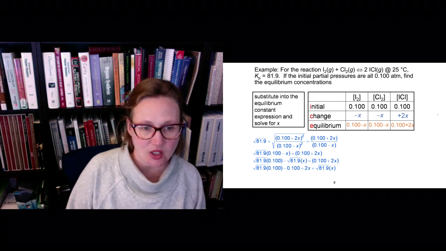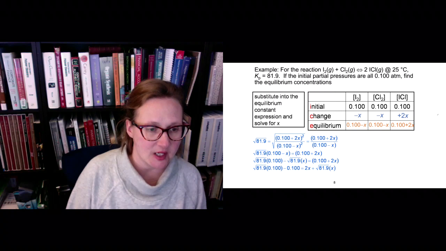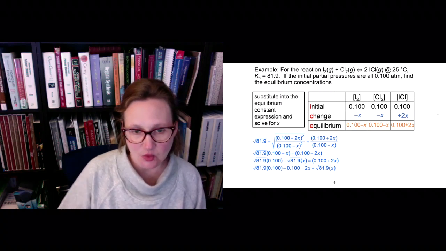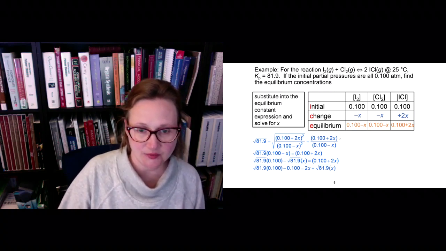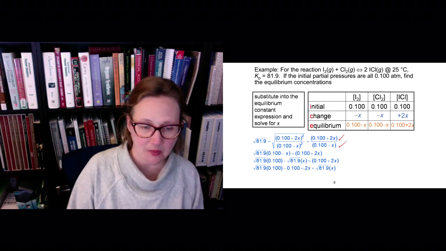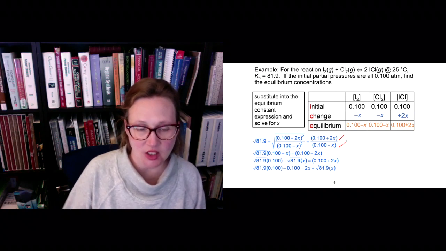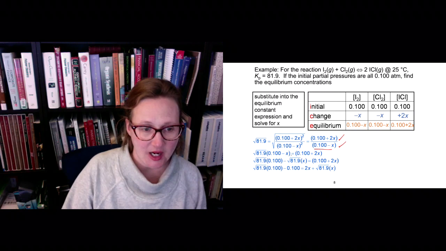All right, and so here we can take the square root of 81.9, and that's equal to 0.1 plus 2x divided by 0.1 minus x. Here we're just rearranging the equation. So we'll multiply times our 0.1 minus x, and that's equal to 0.1 plus 2x.